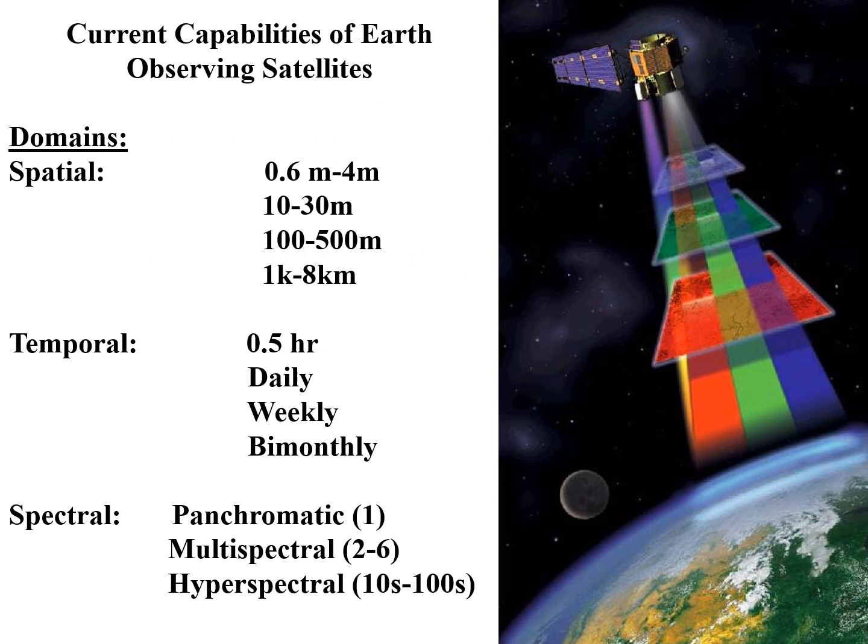So current capabilities of Earth observing satellites tend to fall out into discrete groups, again, because of what kind of applications there are for them. High spatial resolution domain, these days it's about 0.3 meters to 4 meters.